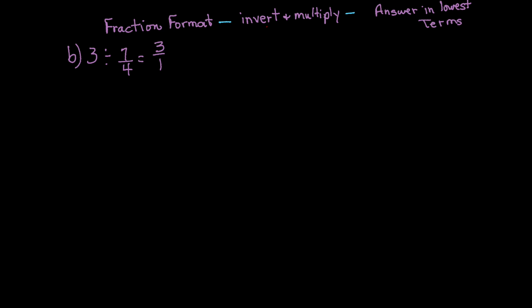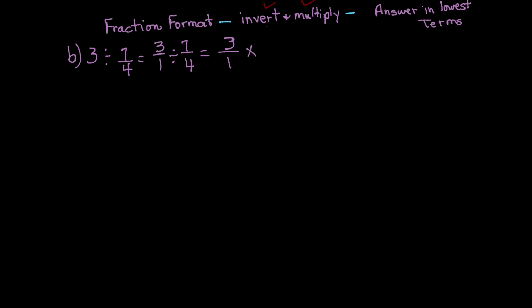So 3/1 divided by 7/4. All right, now we're ready to do the next step, which is invert and multiply. So I will start by going 3/1. It's a multiplication question.